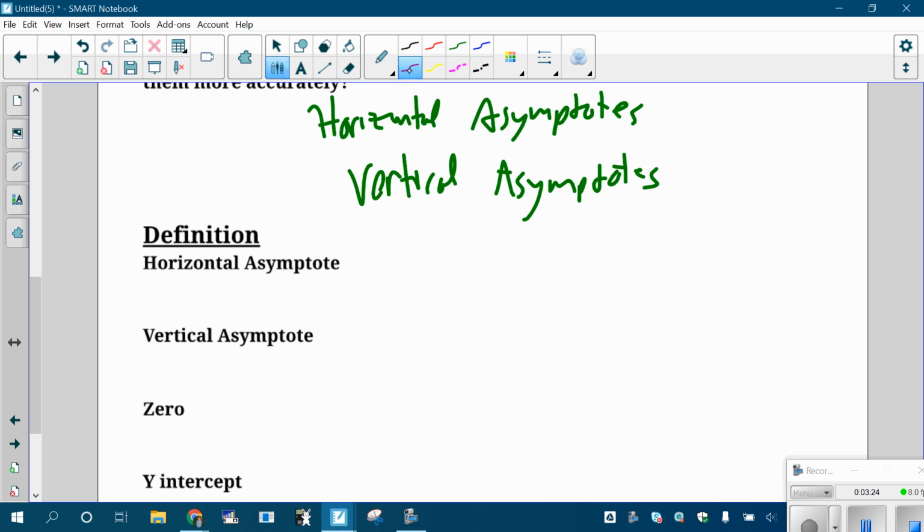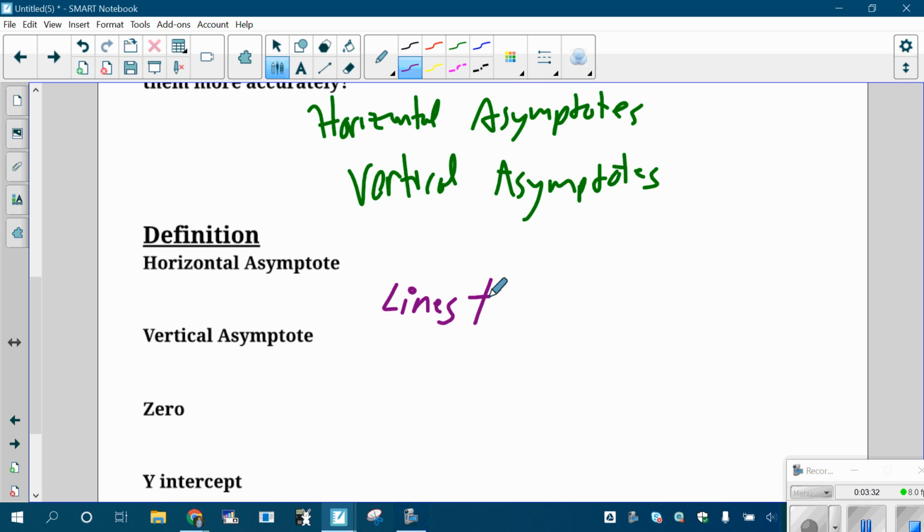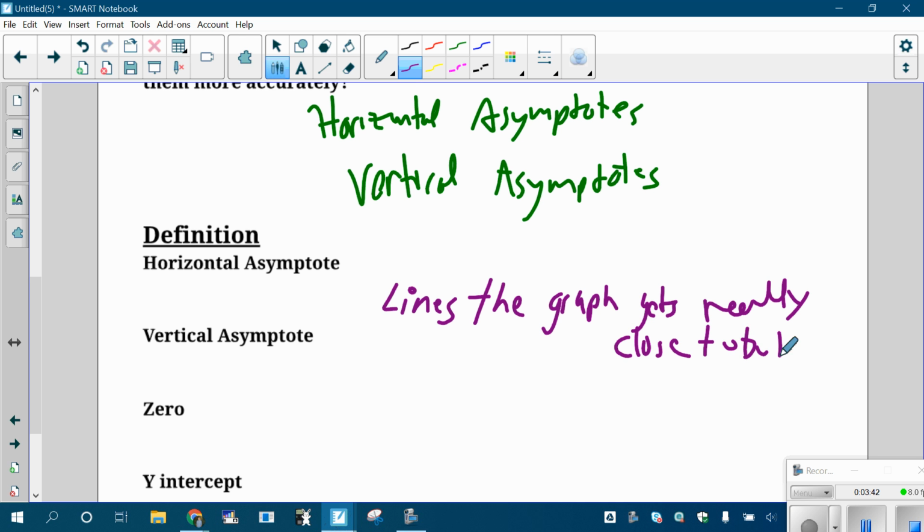So both of these are lines the graph gets really close to but doesn't touch. Now, what is a vertical asymptote?